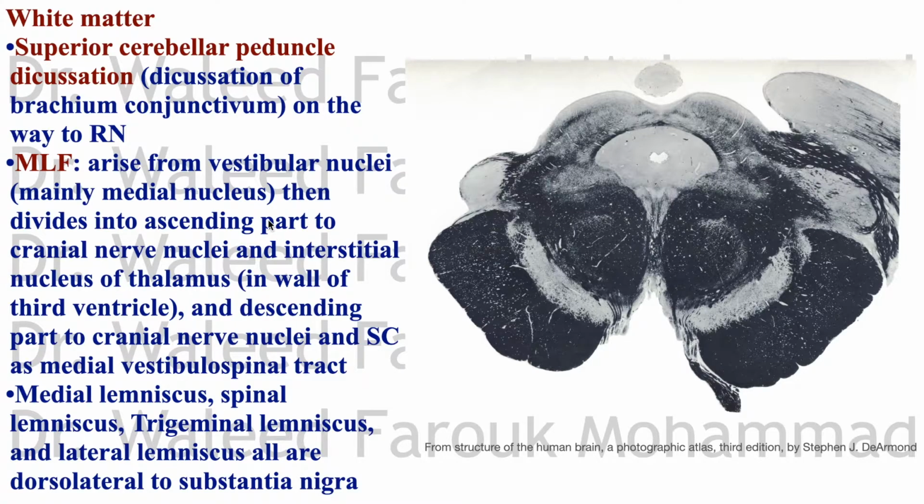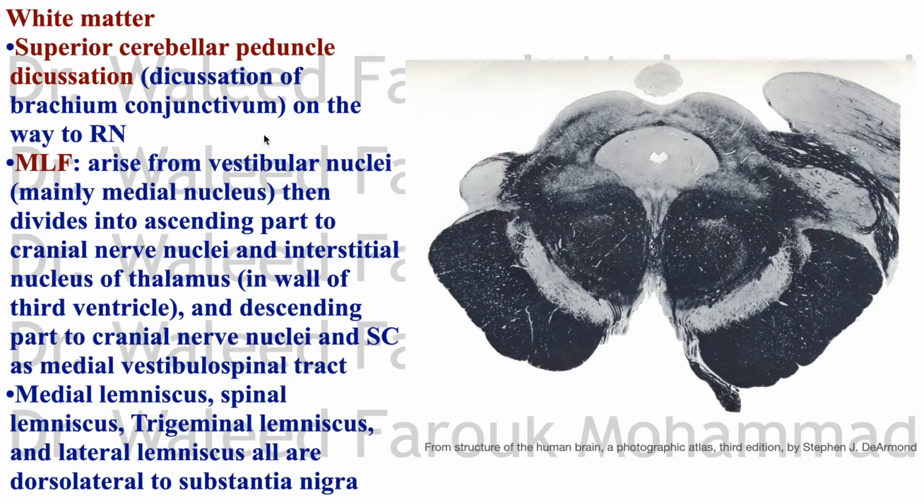The white matter includes the superior cerebellar peduncle decussation, the brachium conjunctivum, on the way to the red nucleus. Brachium conjunctivum is the superior cerebellar peduncle. And the medial longitudinal fasciculus from the vestibular nuclei, especially the medial vestibular nucleus, divides into ascending and descending parts.